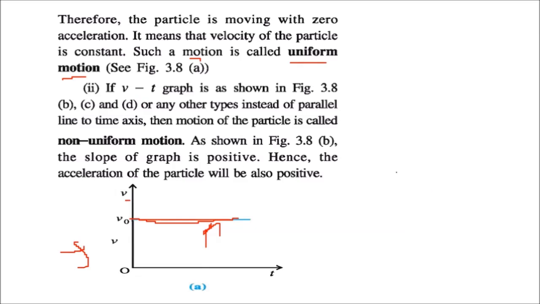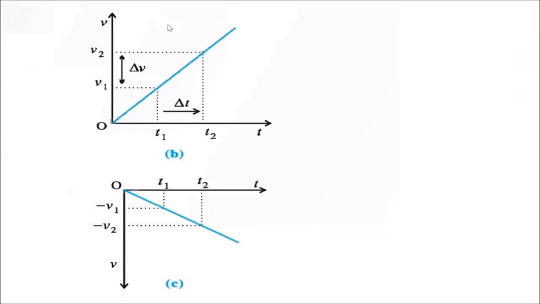This is v2 minus v1, this is t2 minus t1, so this is the slope, tan theta, m. Here, the slope is negative. Again it will be v2 minus v1 by t2 minus t1, but m or tan theta is negative, that is, the acceleration is a deceleration, or it is retarding.